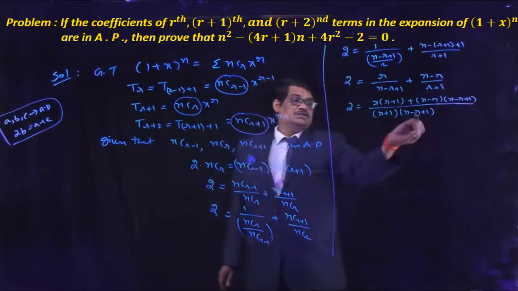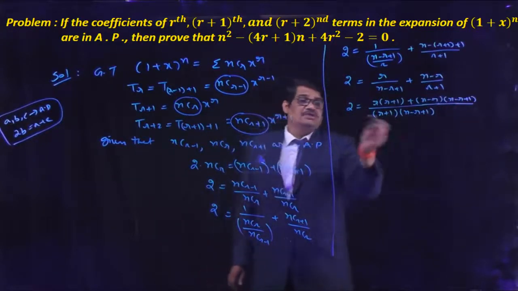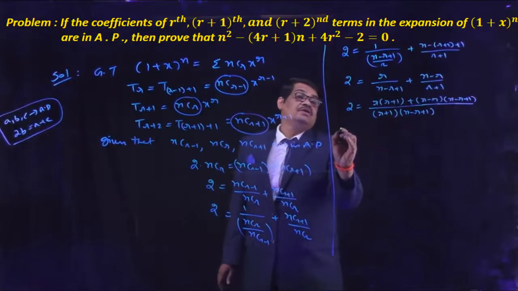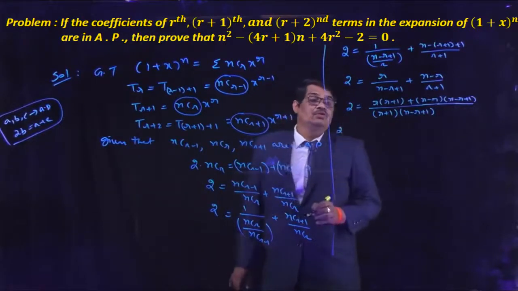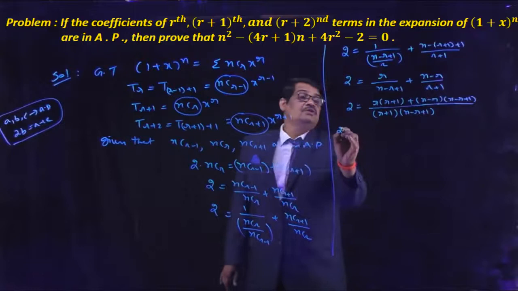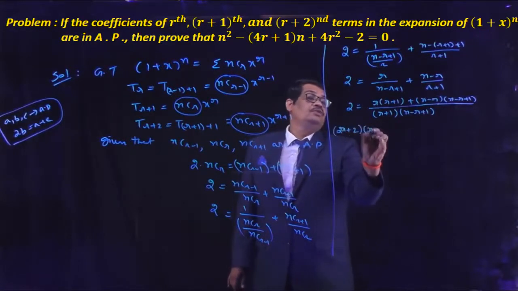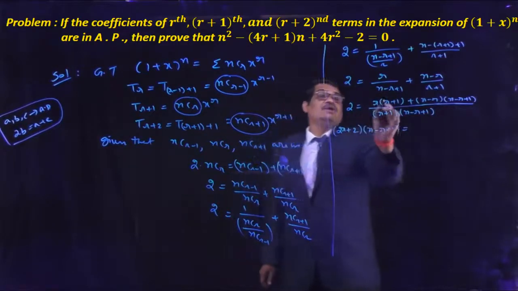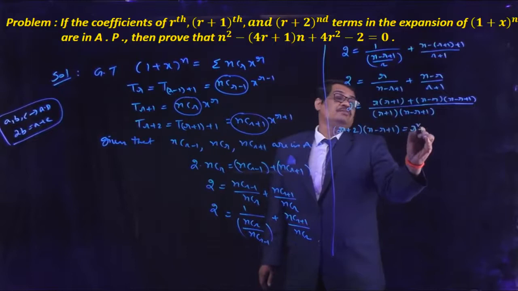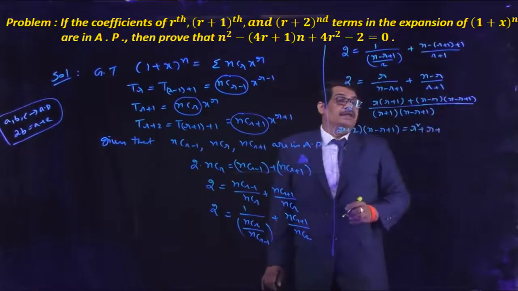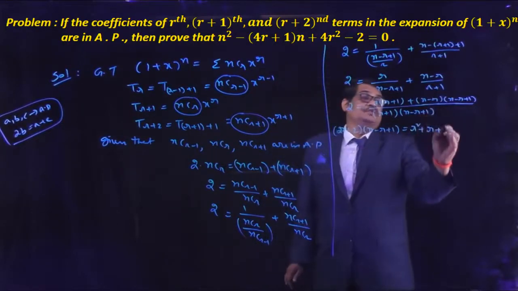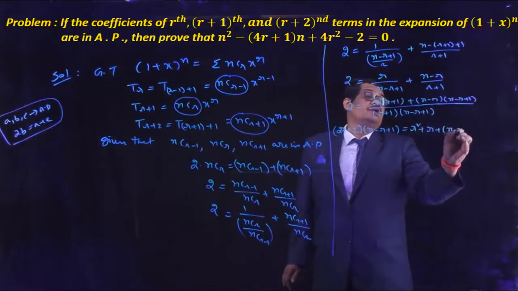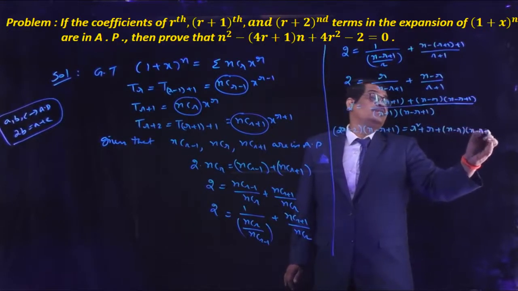Now this denominator is moving to the LHS, then multiplying 2 into (r plus 1), that is 2r plus 2. That is (2r plus 2) into (n minus r plus 1) equals here r into r, that is r square plus r, plus we are writing (n minus r) into (n minus r plus 1).